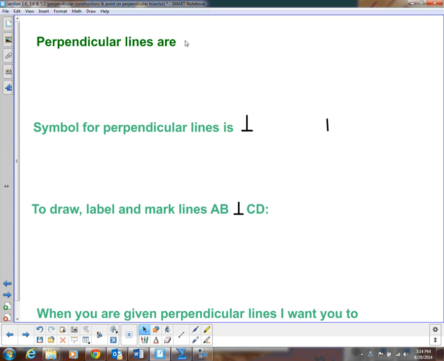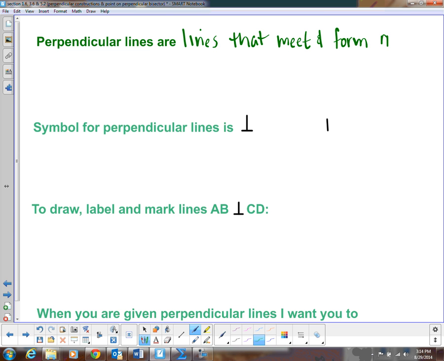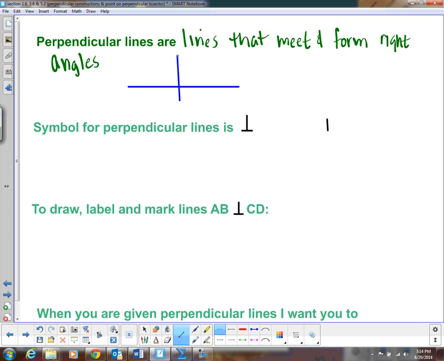Perpendicular lines are lines that meet and form right angles. It could be lines, could be segments. This would be an example of perpendicular lines, where this is a right angle, and that is our right angle symbol.